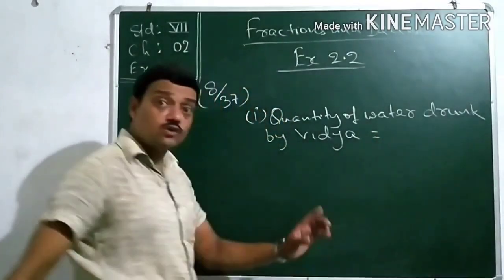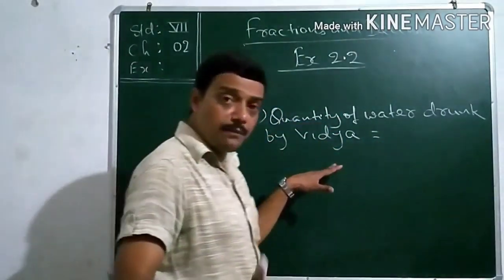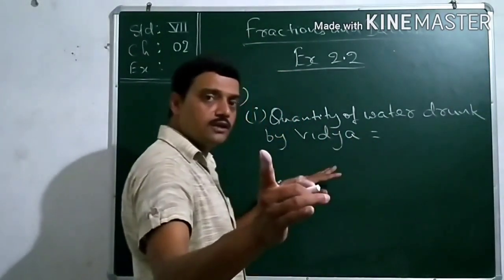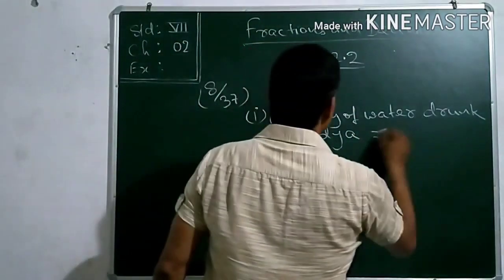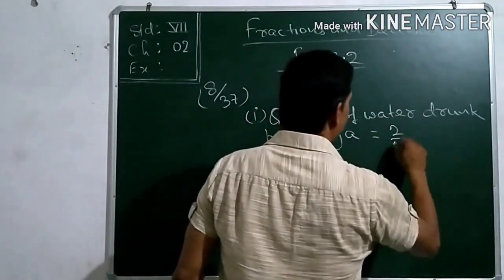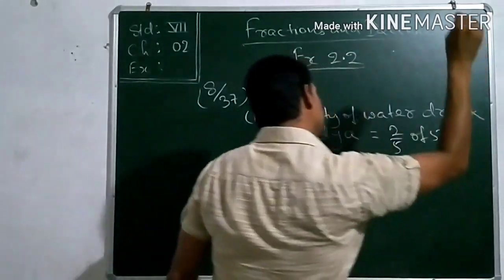Of course, as Vidya had consumed 2 by 5 of the whole, and the whole quantity of water was 5 liters, it is equal to 2 by 5 of 5 liters.